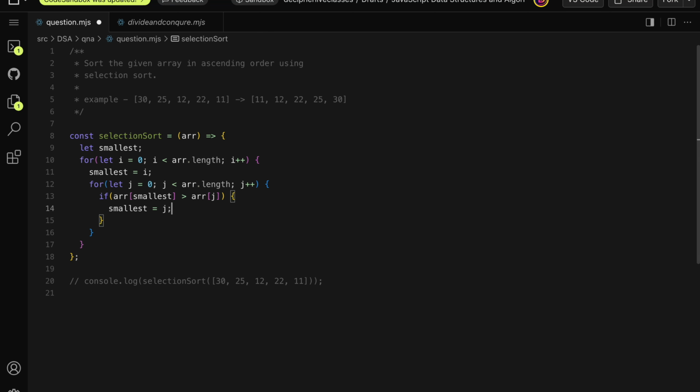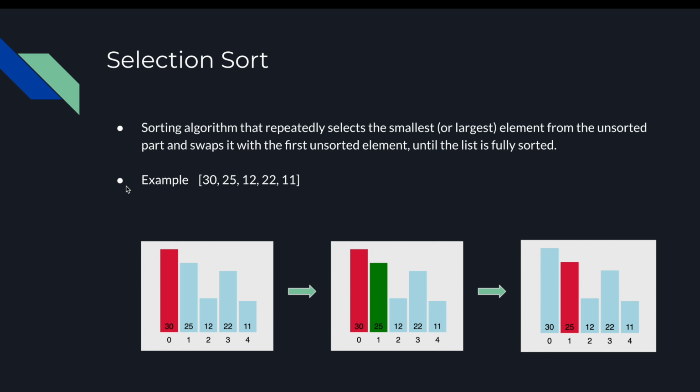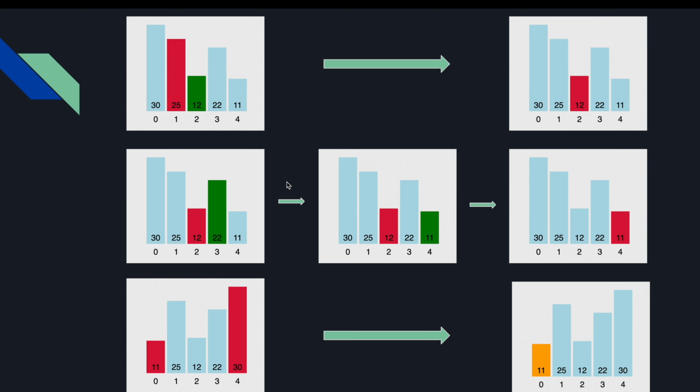And after comparing this smallest element with the rest of the elements of our unsorted array, in the end we will simply swap it with the first unsorted element of our array. As per our definition, if you remember, in our first iteration we swapped 30 with 11, right, as you can see in this diagram.